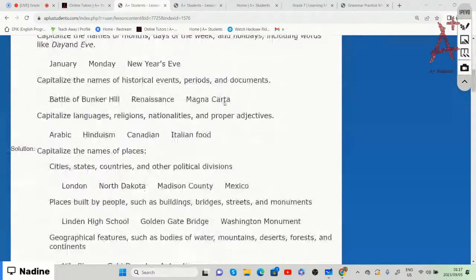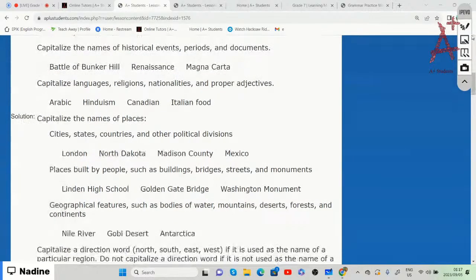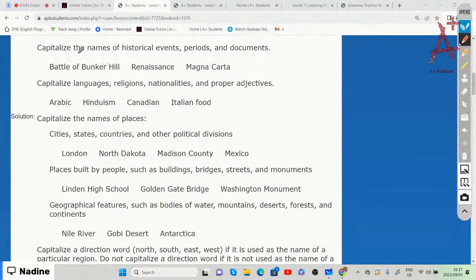All right, we're continuing. We also capitalize names of historical events. We capitalize the periods as well as documents.